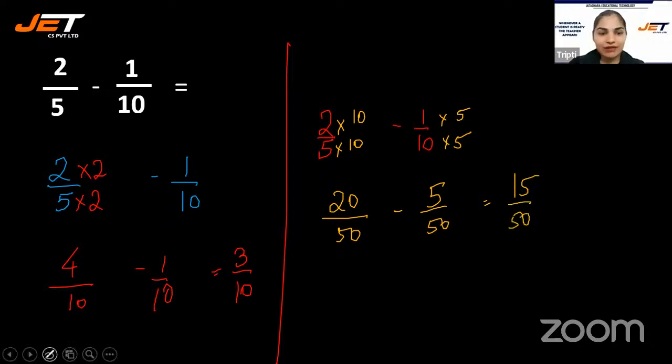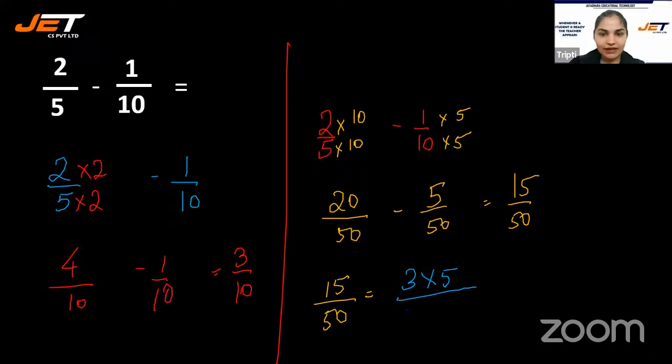But then again, you have to simplify it. How can I simplify 15 by 50? I can write 15 by 50 as 3 times 5 is 15 and 5 times 10 is 50. So I'm cancelling 5 and 5. Answer is 3 by 10.